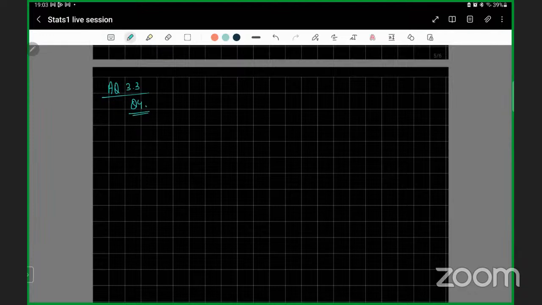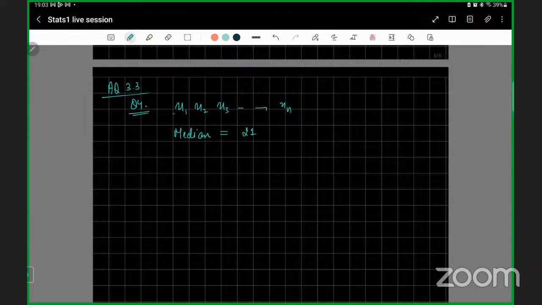It says the median of a certain data set is 21. So you have, let's say, a data set x1, x2, x3 up to xn. Median is given to be 21. Now each value in the data set is incremented by 4.